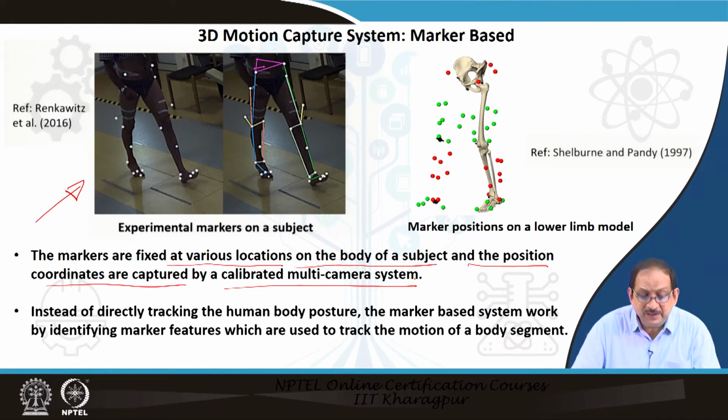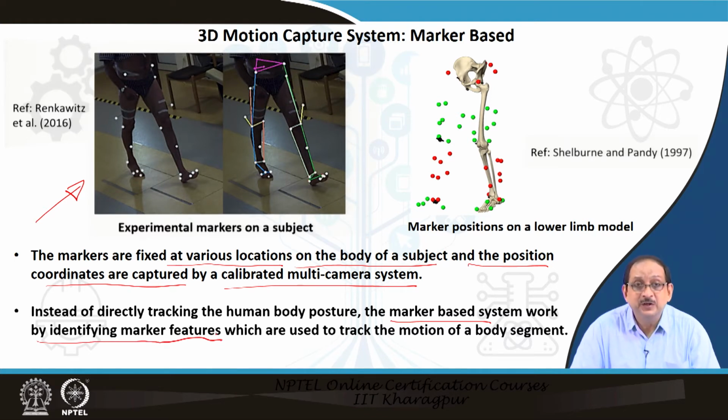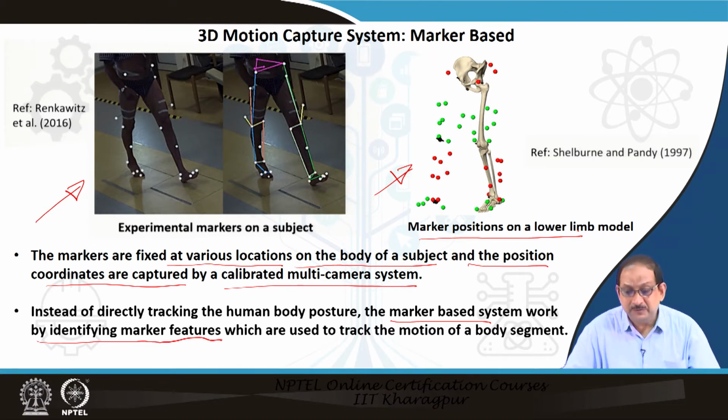Instead of directly tracking the human body posture, the marker-based system works by identifying the marker features which are used to track the motion of a body segment. This is indicated very clearly in the lower limb model. So, the marker positions in the lower limb model will be used to track the motion of a body segment.